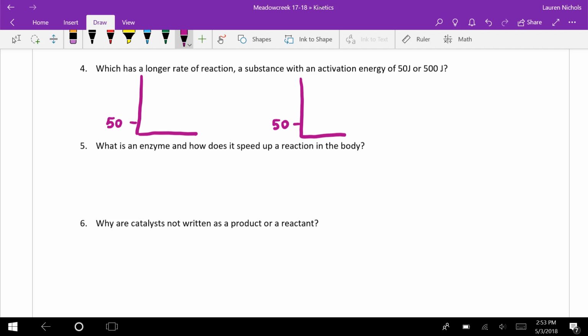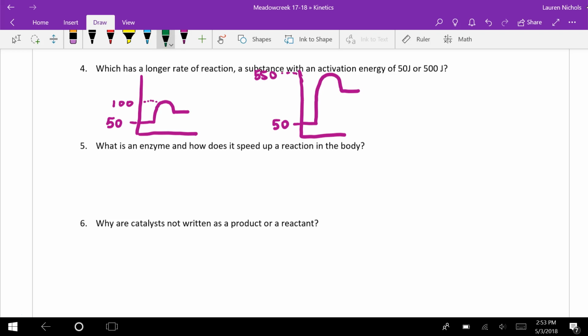But the activation energy for the first one is only 50 joules. Okay, right there, only 50 joules. So that's up to 100, 50 more. But this one is 500, so it goes all the way up here and releases, and all the way up there, it's 550, because the difference between these two has to be 500.